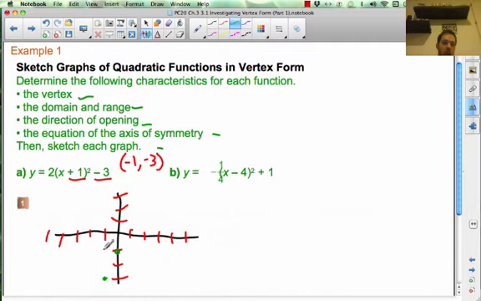And you can confirm that if you plug 0 in for x, you'll get minus 1 for y. So let's try it. 0 plus 1 is 1, squared is 1, times 2 is 2, minus 3 is negative 1. Sure enough, we got what we expected. Then there will be symmetry, so that will be your other point.